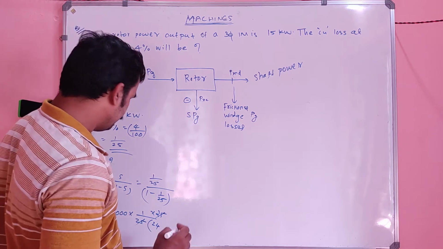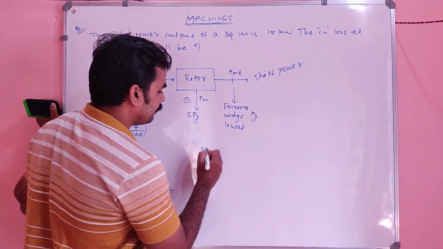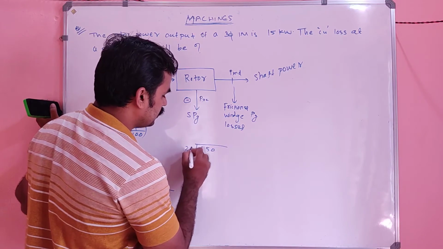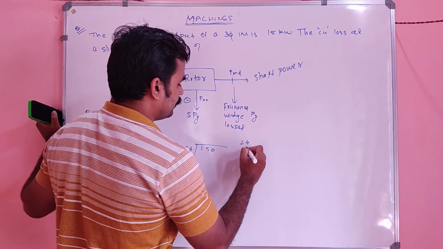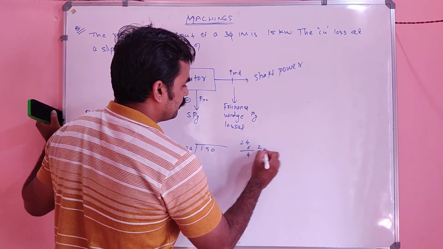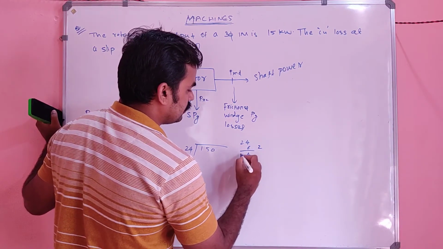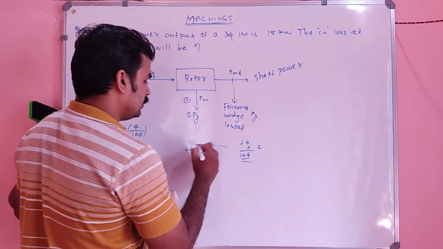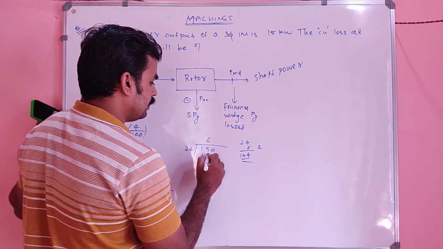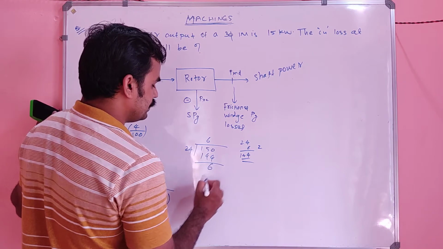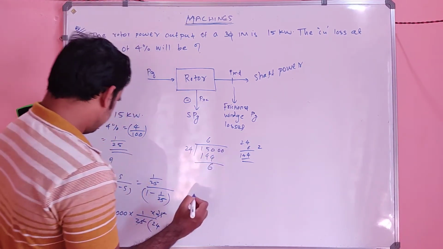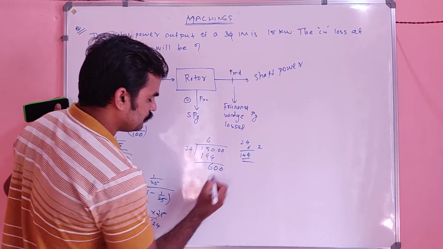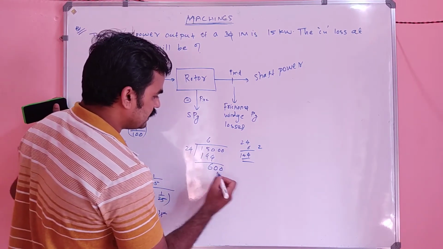First we have to find 150 by 24. 24 into 6 will be 144. So again two zeros are there. 24 into 60, how many?